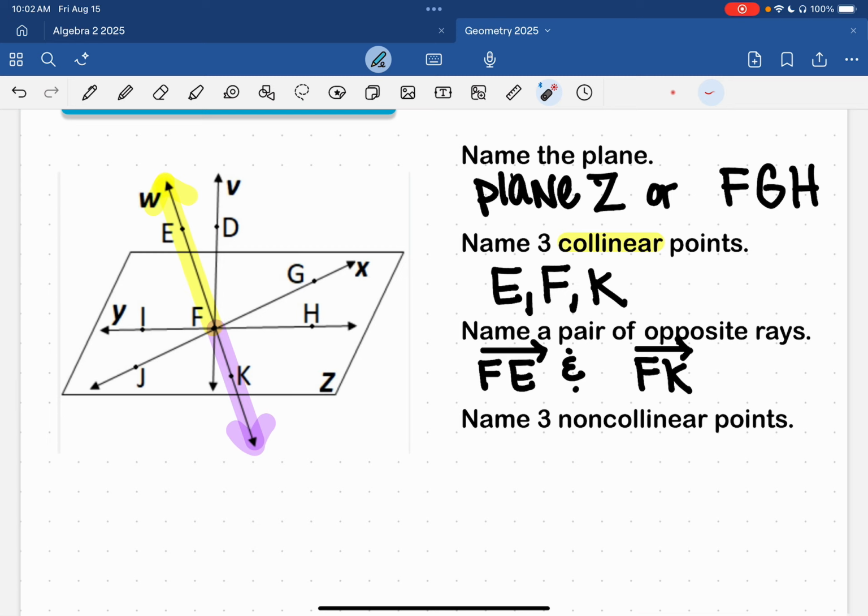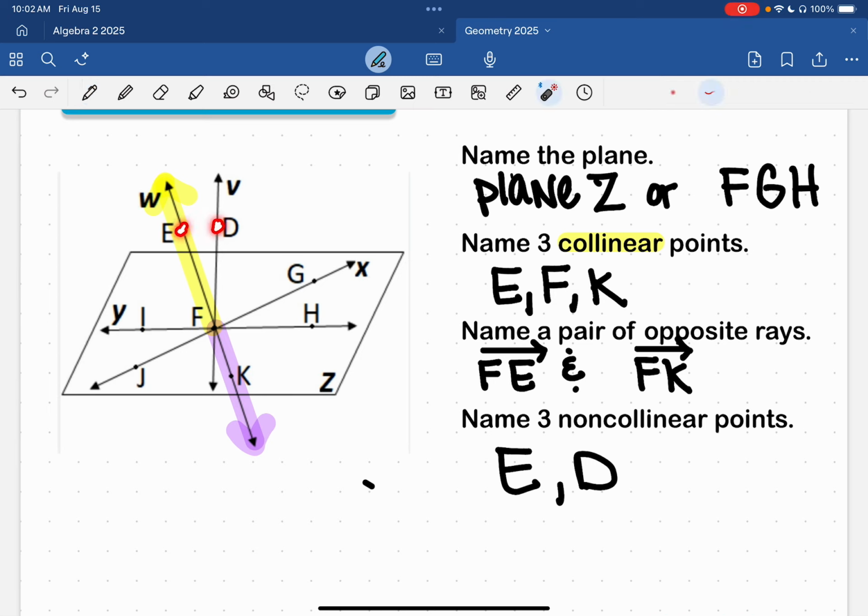All right, and our last and final question is going to use the concept of collinear again, but this time it's going to add non-collinear. So remember, collinear, we already looked up, means 1, 2, 3 on the same line. Now we need 3 of them that are not on the same line. So you might want to use E and D for these because they are not connected.